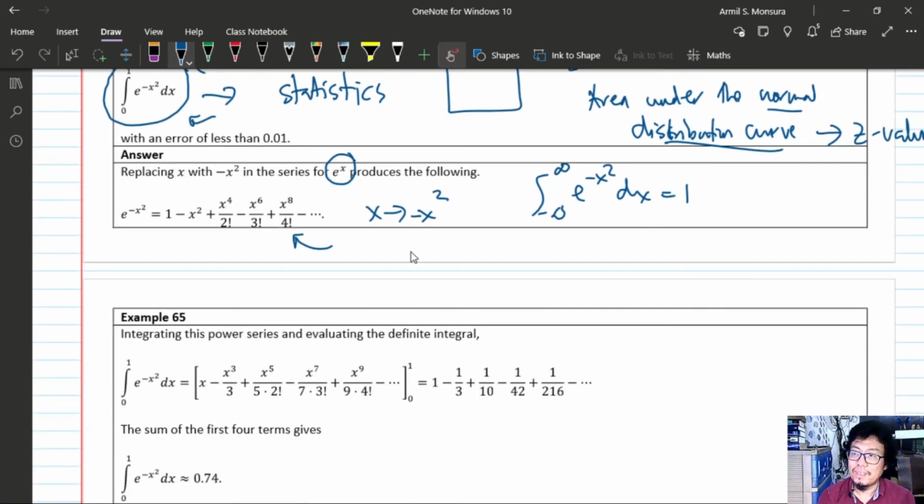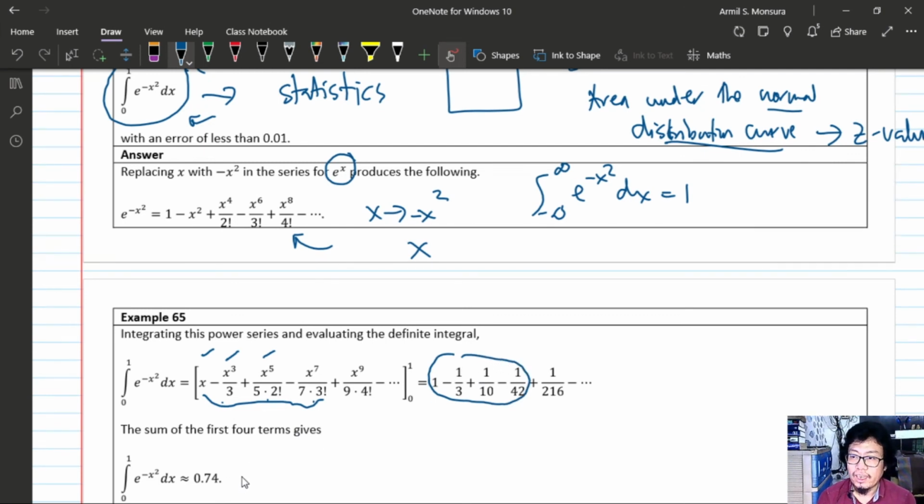So you'll have something like x minus x cubed over 3 plus x to the fifth over 2 factorial times 5 and so on. Now, using the first four terms, you can estimate the value to be 0.74.